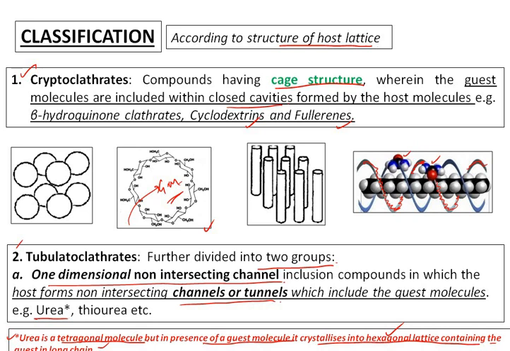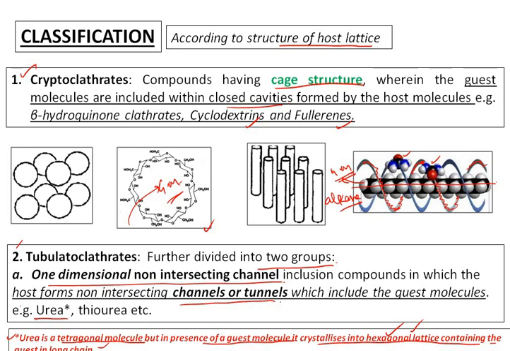Because of this spiral interaction, there is a cavity in the center, and in this cavity a guest molecule can easily fit in. Here the guest molecule is an alkane, right? Such interaction occurs when urea crystallizes into a hexagonal lattice.